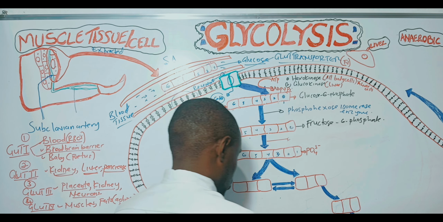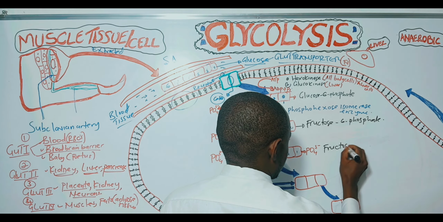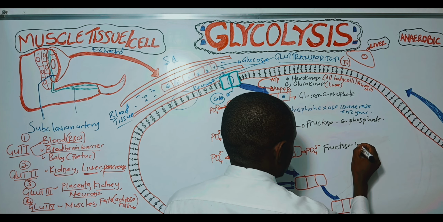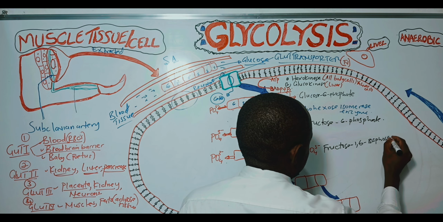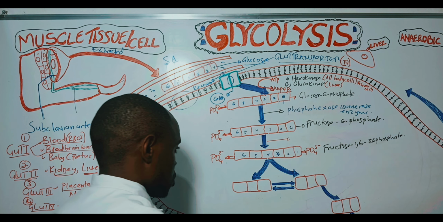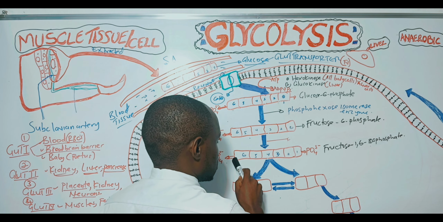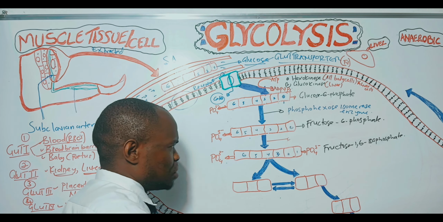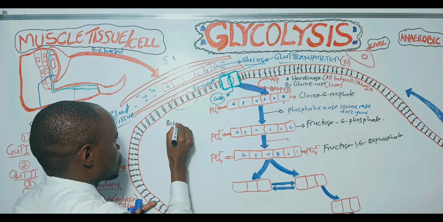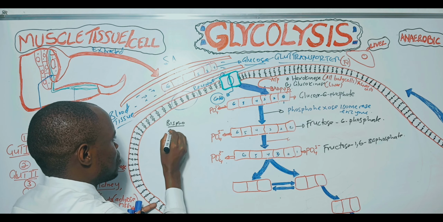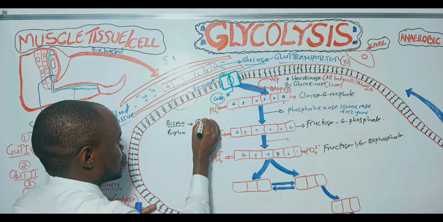So after adding this, we get the compound fructose 1,6 bisphosphate. We say C1 because the phosphate is on carbon number 1 and also on 6, but it is bis. There's a difference between bisphosphate and biphosphate. So we have bisphosphate, and biphosphate. So this one here, let me say this is the glucose molecule.